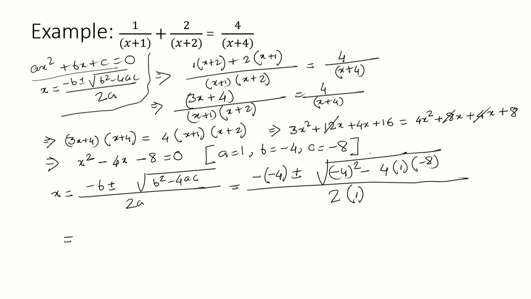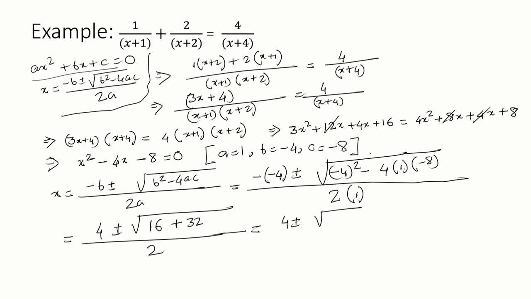Minus of minus 4 is plus 4, plus minus root over 16 plus 32, by 2. What we get here is 4 plus minus root over 48 by 2.